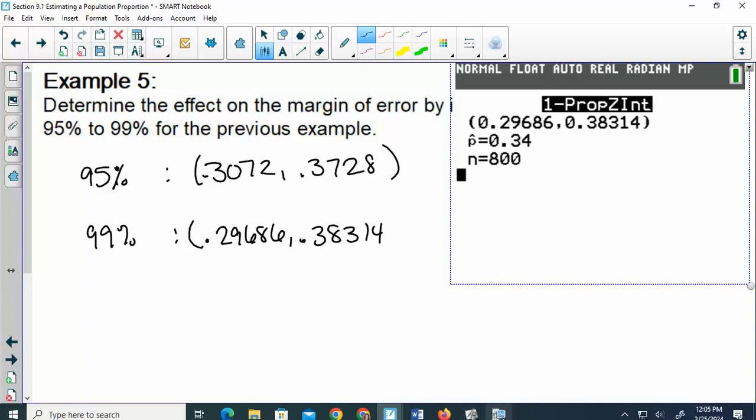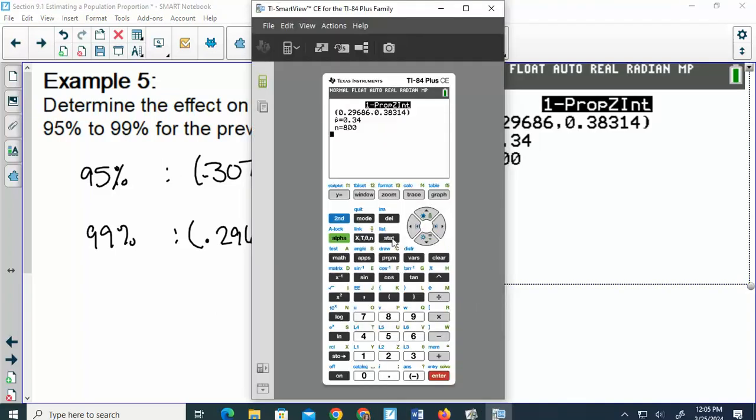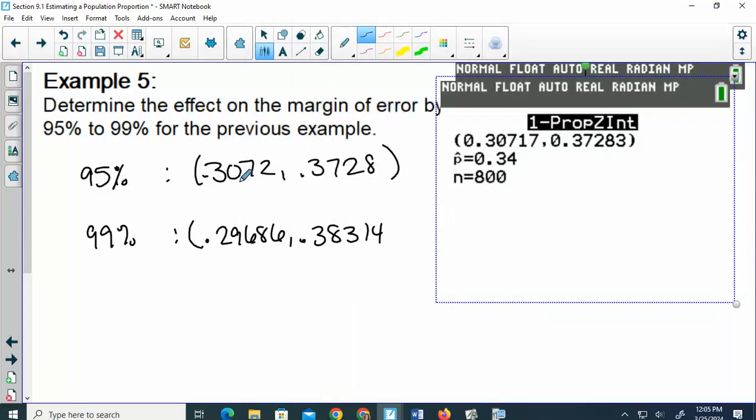If you want to check our first interval that we did by hand, we could do it again. Stat, test, letter A. The X and N are the same, but the first time we did it, our confidence level was 95%. So if you did 0.95 here. Is that what we had? Yeah.